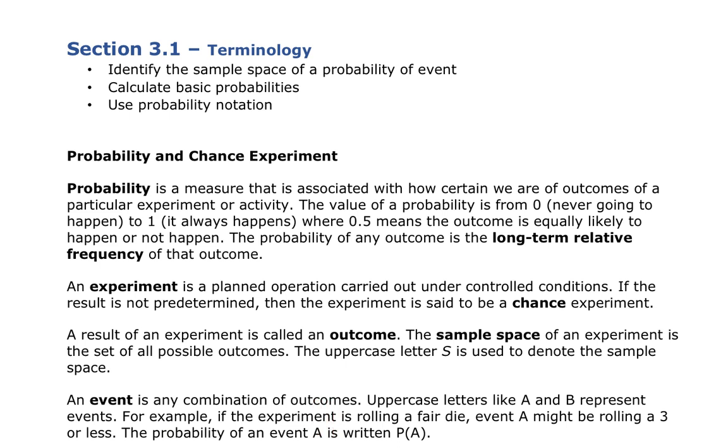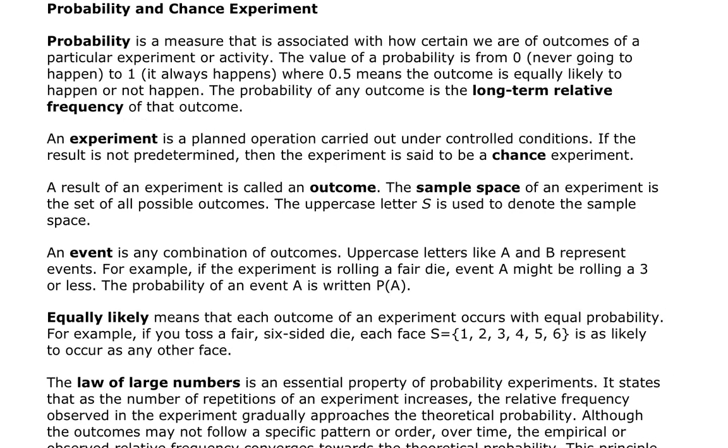Uppercase A's and B's usually represent events. So for an example, if you are rolling a fair 6-sided die, the event A might be rolling a 3 or less. And the way that you would write this is the probability of A happening would be P of A, P with parentheses and then the capital A, where A represents rolling a 3 or less.